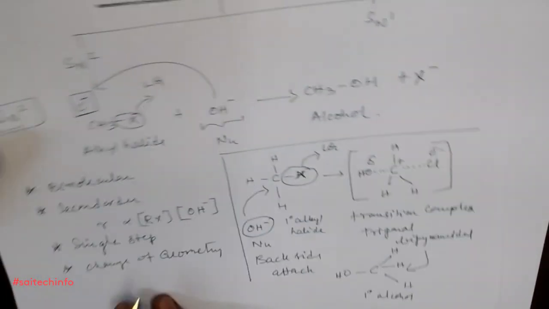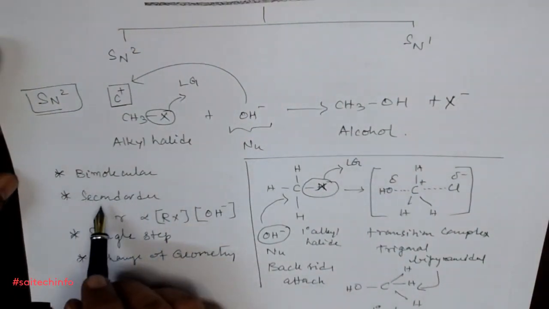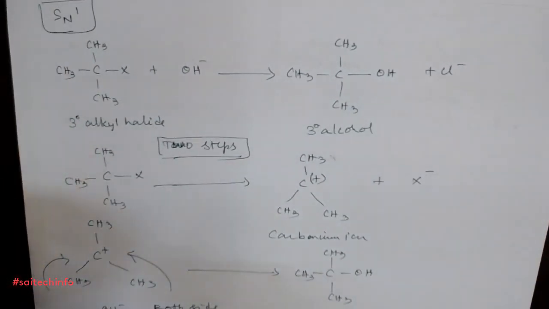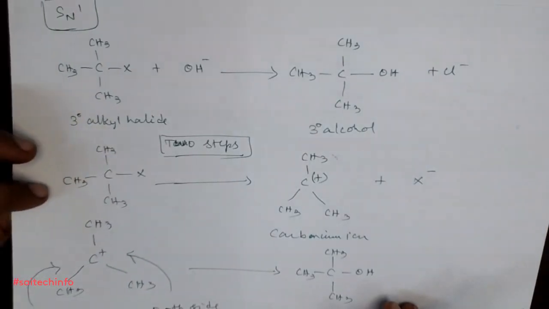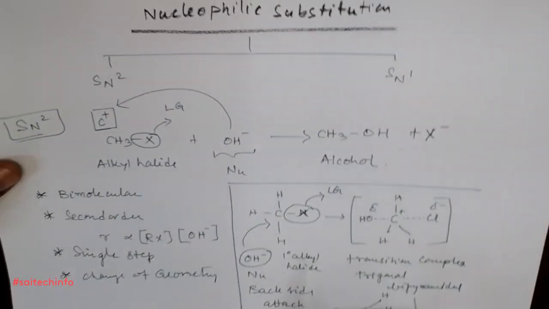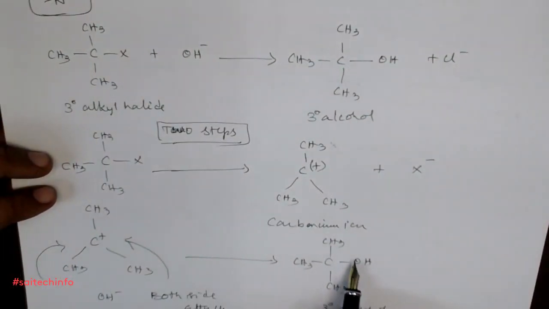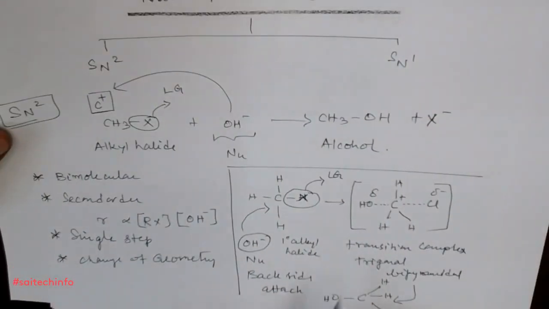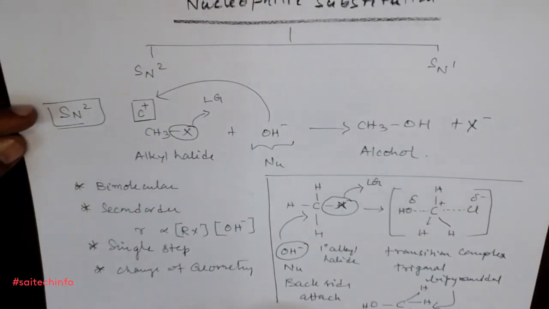So what's the difference between this bimolecular second order, and here it depends on a single reactant only, the attacking species only. So therefore we can say this is a first order reaction and this is second order reaction. Are you able to follow?